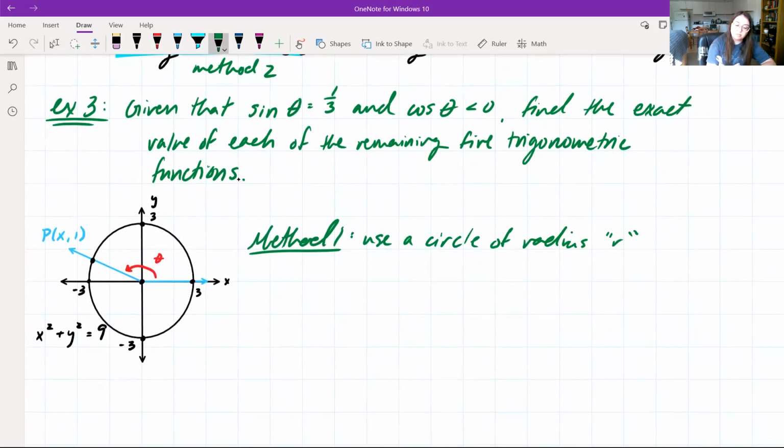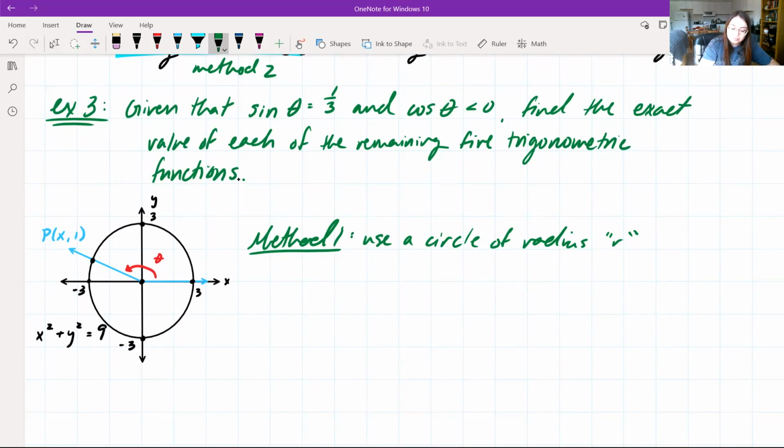Looking at our image here, we know that sine of theta is 1/3 and cosine of theta is less than 0, and we want to find the exact value of each of the remaining 5 trigonometric functions. If we have a radius that is not 1, then sine of theta would end up being y divided by the radius. So sine of theta would end up being 1/3 if our circle had a radius of 3.